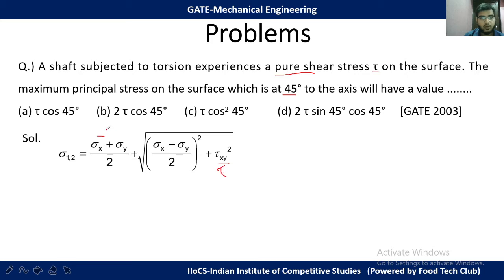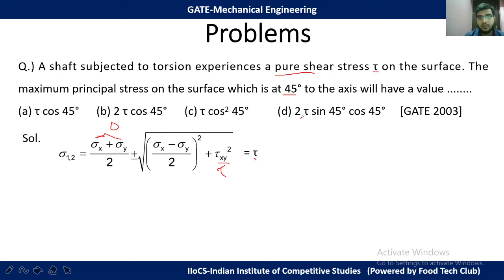This will be tau, and these both will be 0. So after putting this, obviously we will get tau. So the answer is tau, but in the four options given we don't have any option as tau.